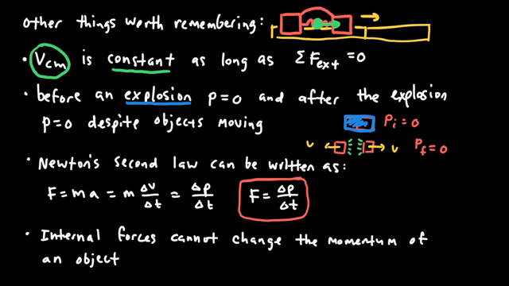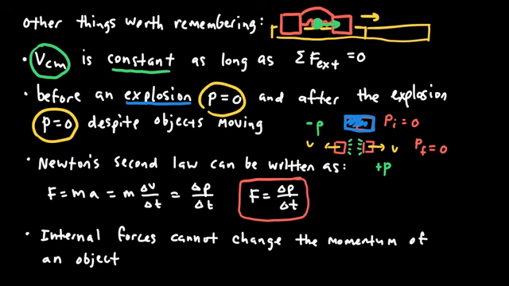Each of those pieces independently has momentum in a different direction. But because the momentum before the explosion was 0, the momentum after the explosion also has to be 0. Despite objects moving, the momentum is still 0. That's because momentum is a vector: to the right is a positive amount of momentum, to the left is a negative amount, and those two added together produce 0. So make sure you know that momentum can be used in the case of an explosion as well.